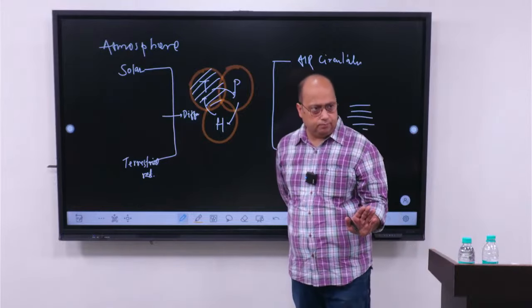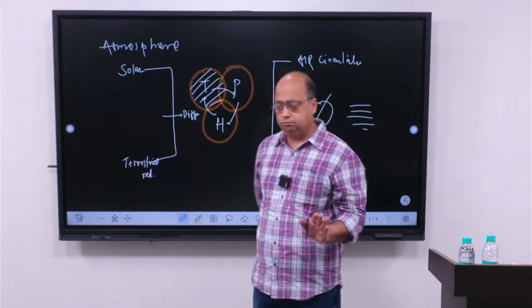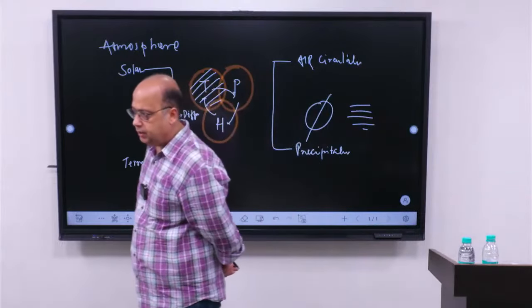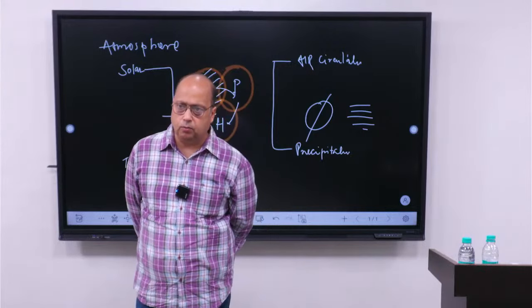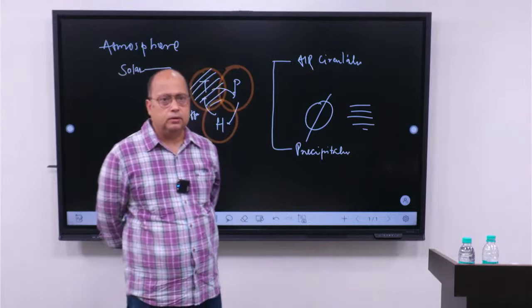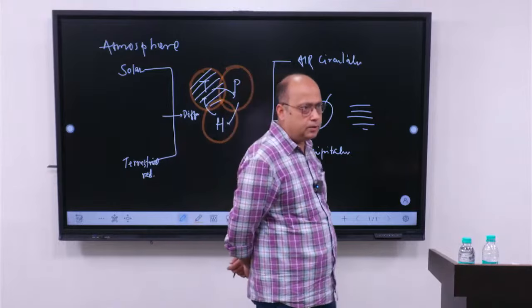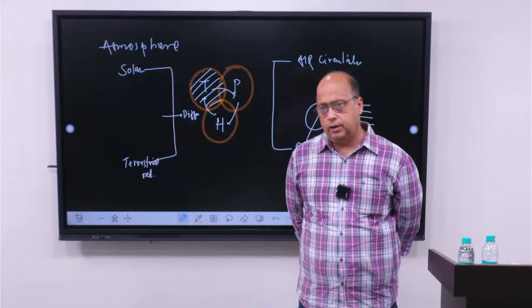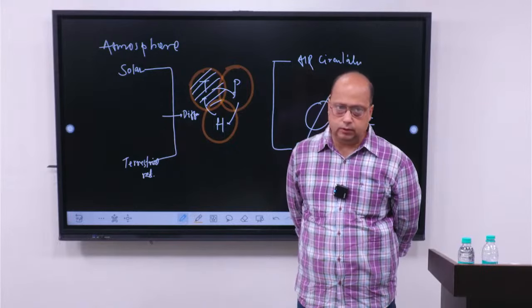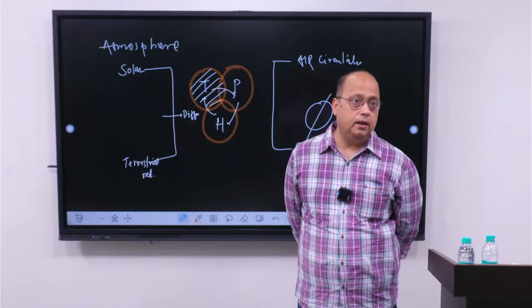Last day we learned that the distribution of temperature is affected by different determinants. What all determinants? Latitudes, altitudes, land-water distribution, orientation of mountains, ocean currents.